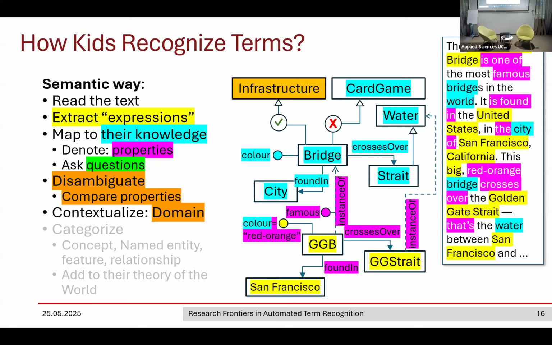It's found in a city which does not really resemble a card game. It crosses over a strait, which is indeed not a card game. Therefore, they consider this hypothesis of bridge being a subclass of a card game as a fake hypothesis and prove the infrastructure hypothesis in the same way.